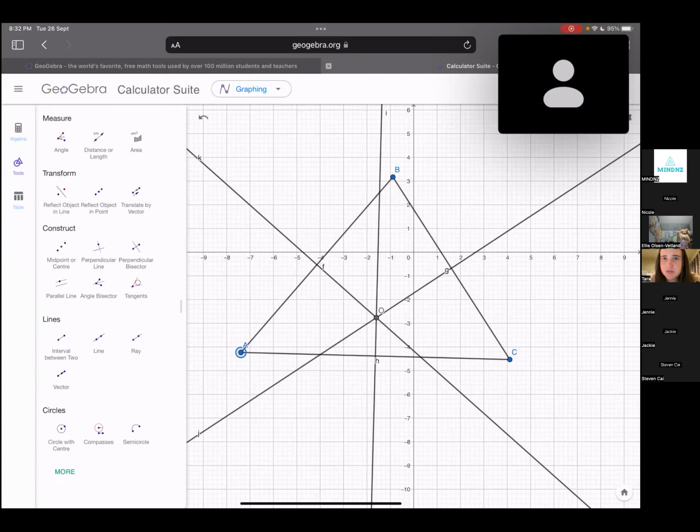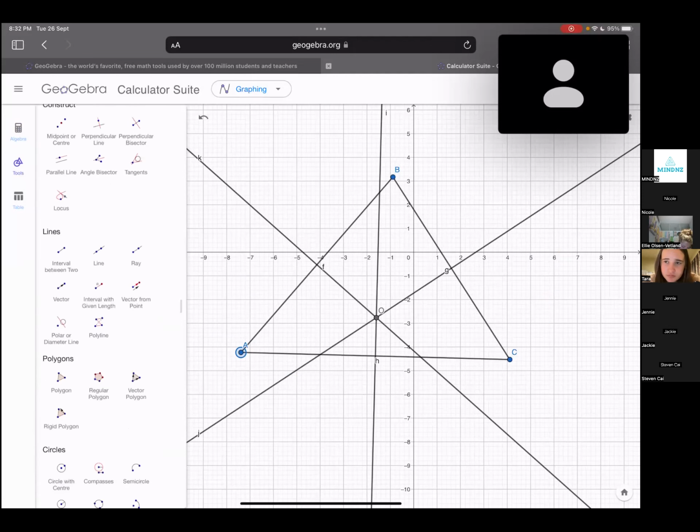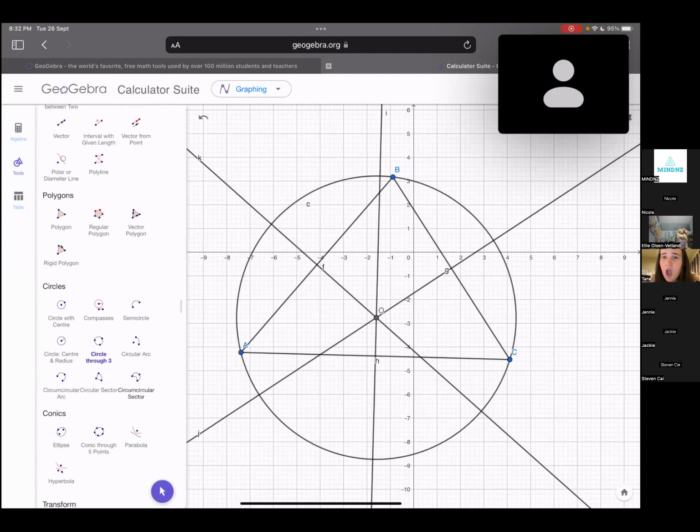Now, let's draw a circle that goes through points 1, 2, 3. It would be the exact same circle as if we were to draw a circle with a center O and a point on the outside B. So it's actually the same circle.